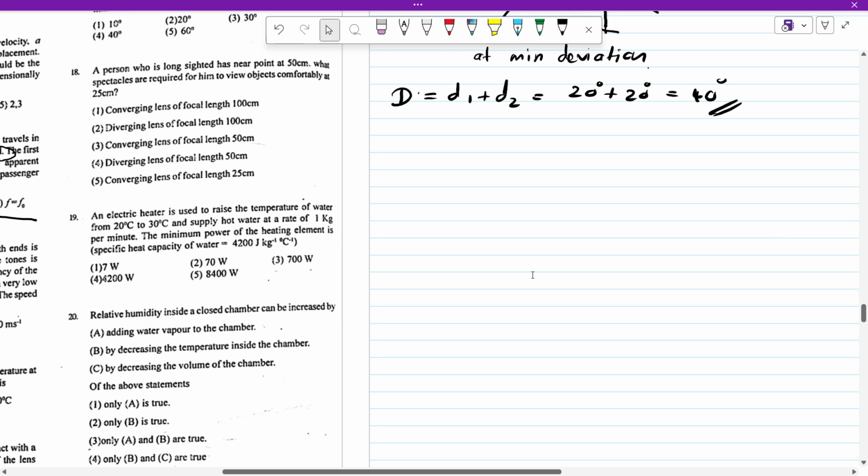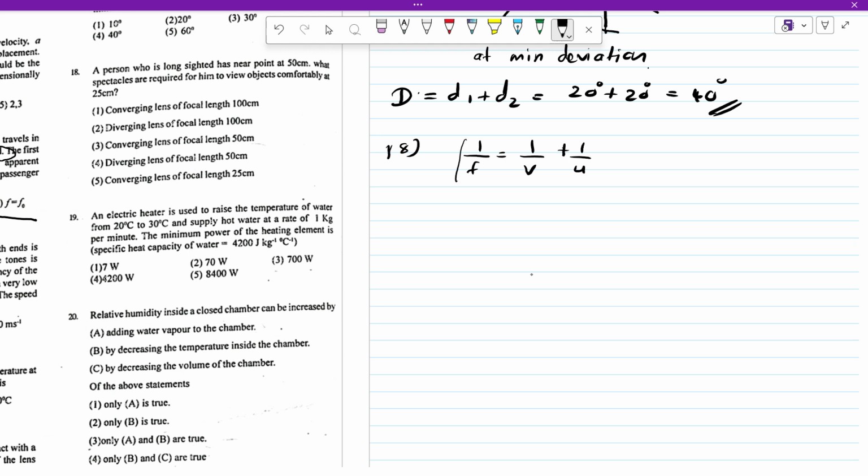Here we can use the major equation used in optics, the lens equation. For question number 18, we can use 1 divided by f equals 1 divided by v plus 1 divided by u.